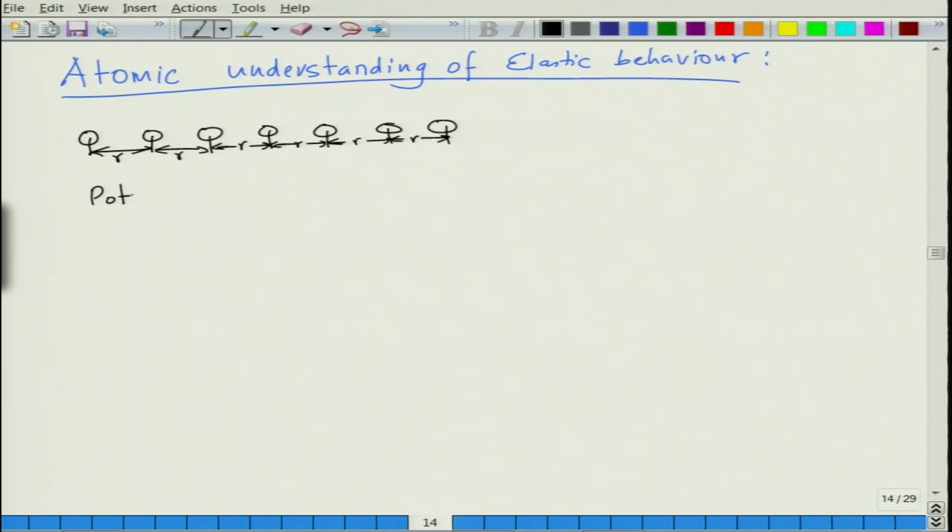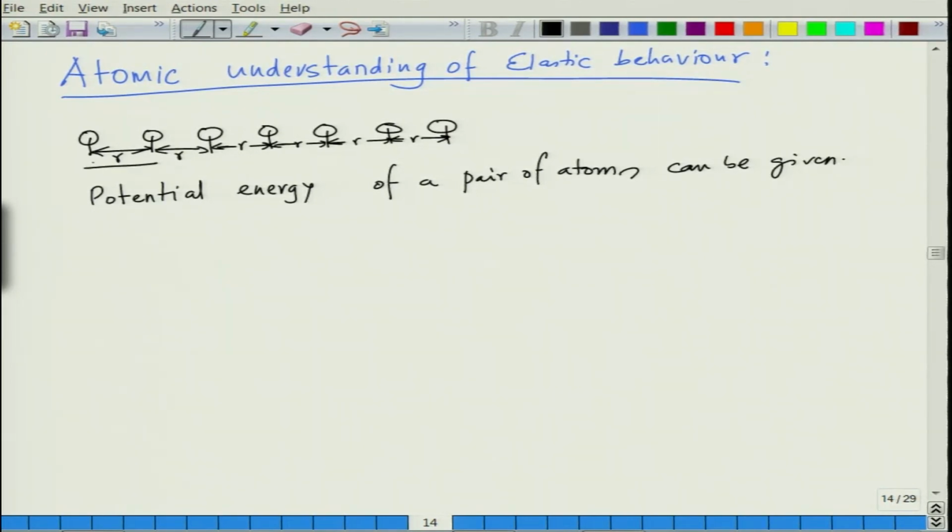So, the potential energy of, let us say, a pair of atoms can be expressed as W is equal to minus A divided by r to the power n plus B divided by r to the power m.